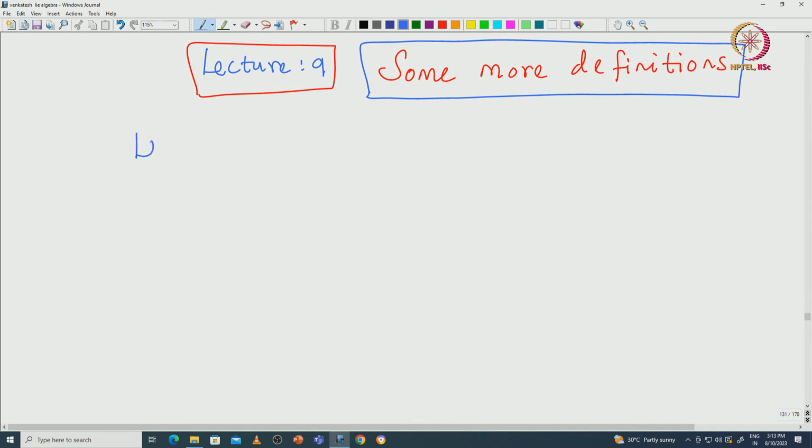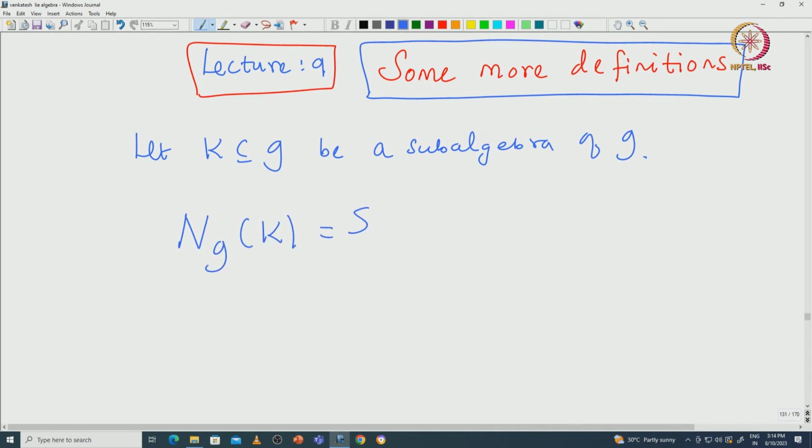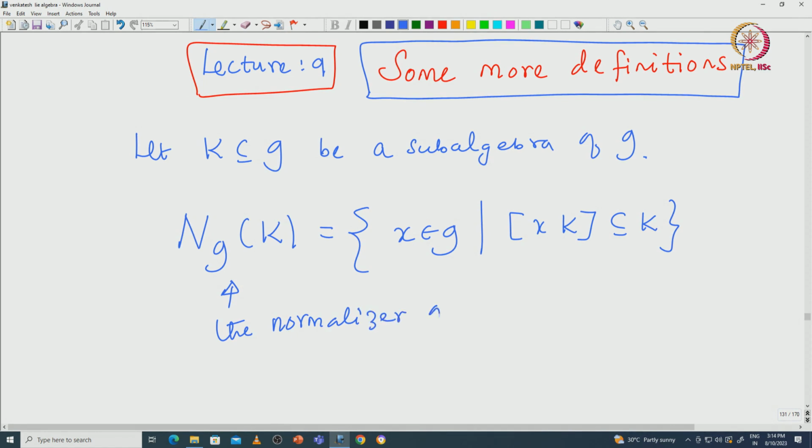So, let us start with K, which is a subalgebra of G. Then the normalizer of K in G is defined to be, the notation is N_G of K, those x in G that actually normalize K. That means if you take the bracket [x, K], that should be a subset of K. This is what we call the normalizer of K in G.